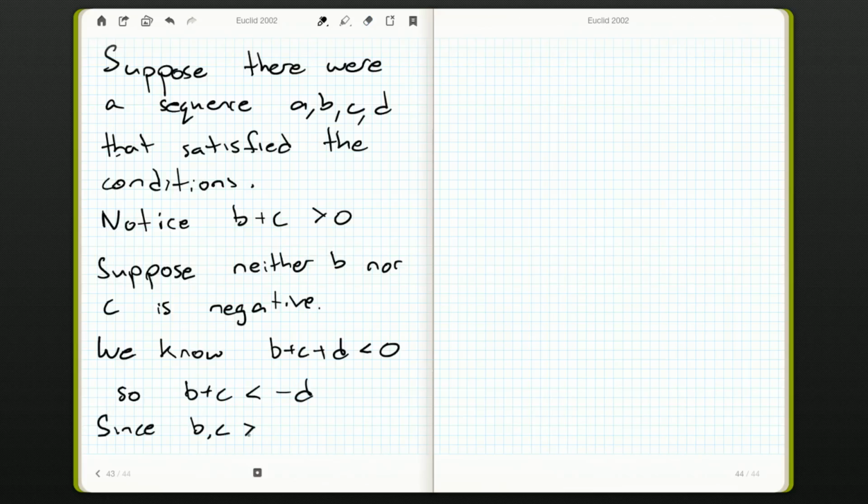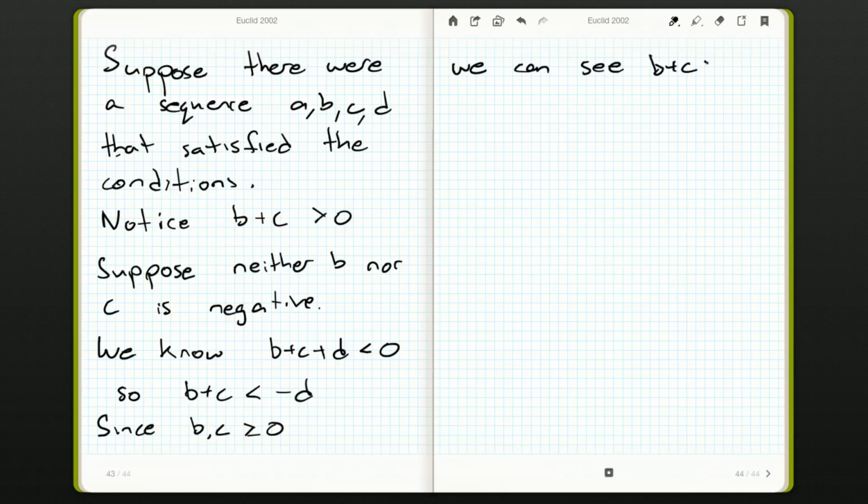Now, since B and C are both non-negative, we can see that B plus C has got to be bigger than C. It's got to be at least C. Maybe B is 0, or maybe not. Maybe C is 0, who knows. But we have at least this.